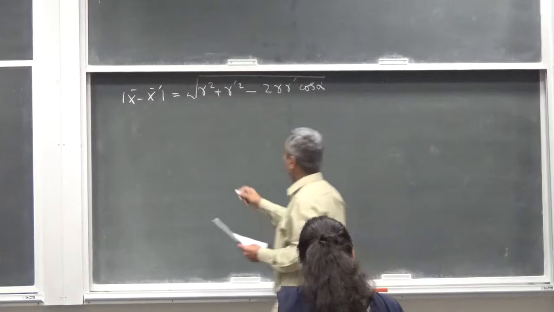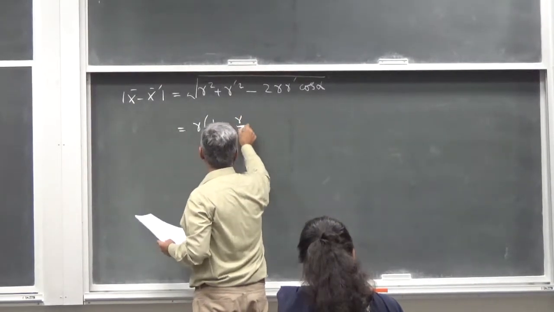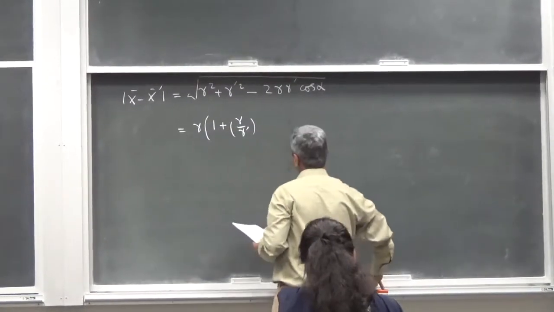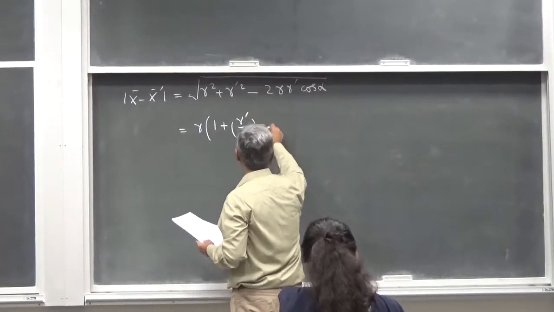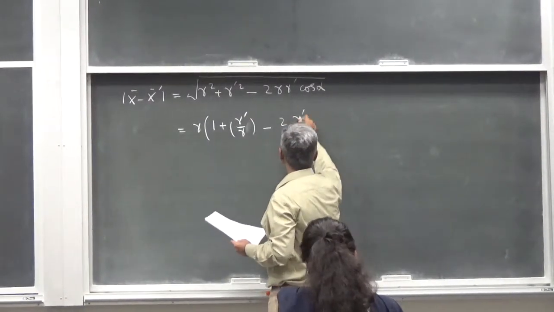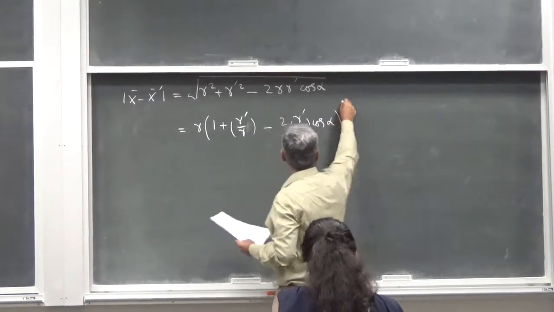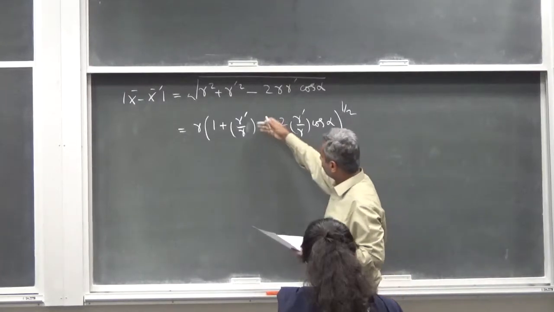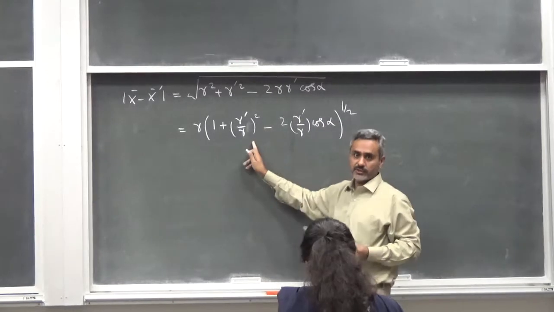Or you can write it as r times the square root of 1 plus r prime over r squared minus 2 r prime over r cosine of alpha. And if r prime over r is really small, then its square is negligible.